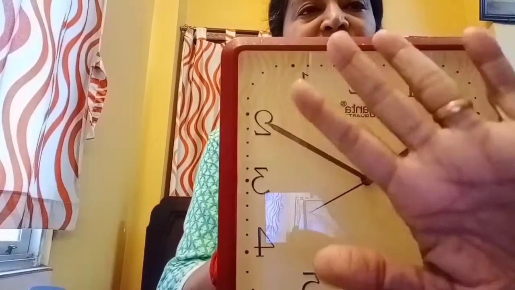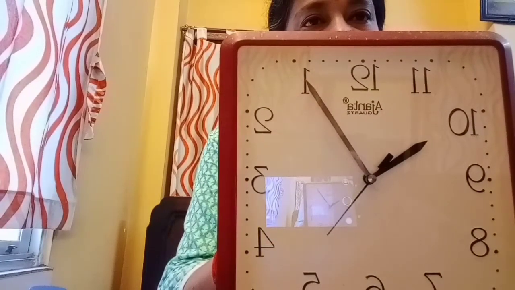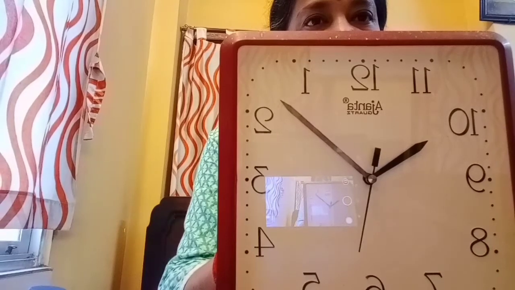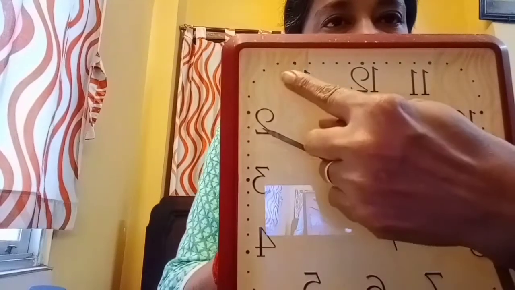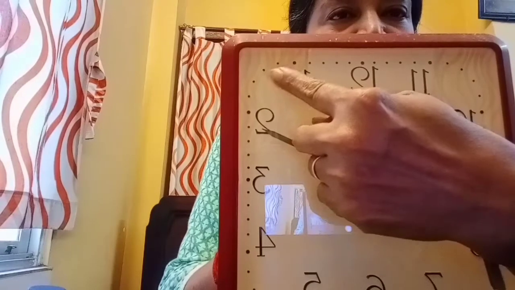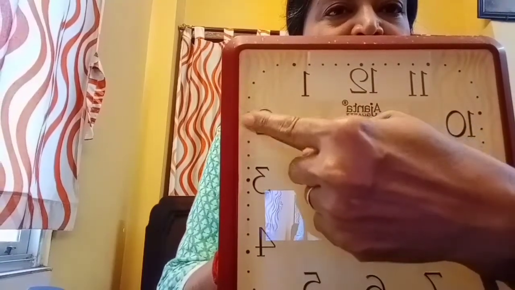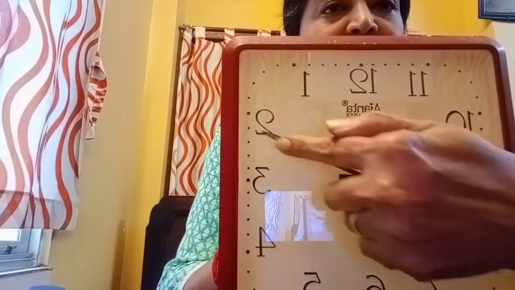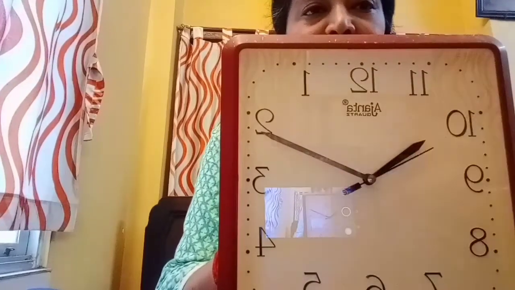Why 5 minutes? When it was on 1, after that 1, 2, 3, 4, and when it reached 2, it covered a total of 5 spots. Total 5 minutes it covers when it shifts from one number to another number.